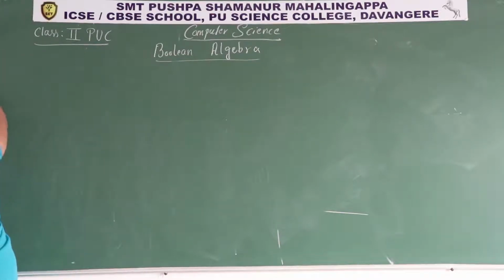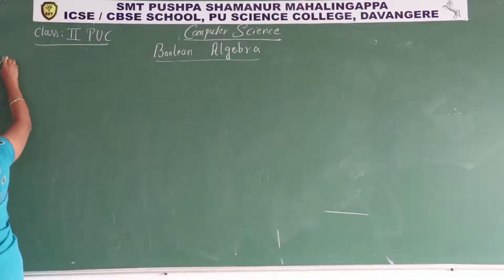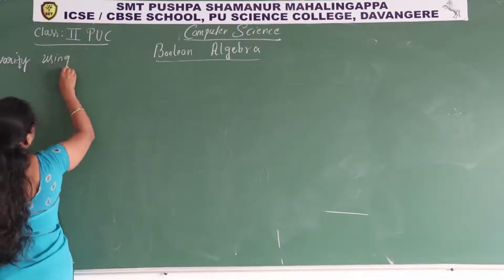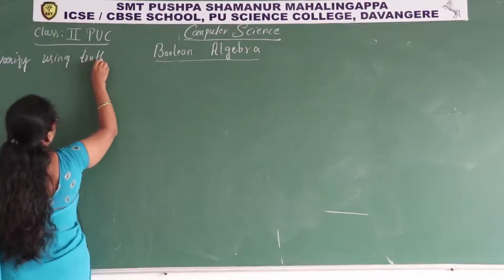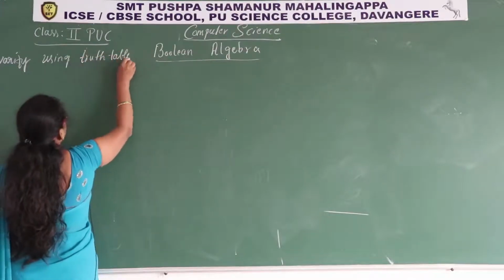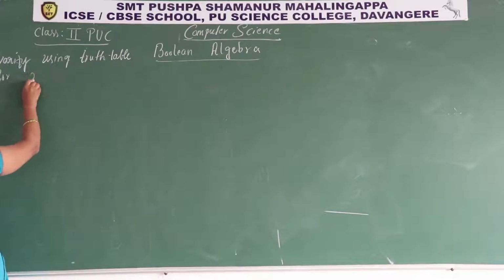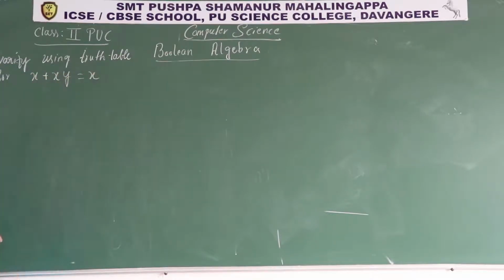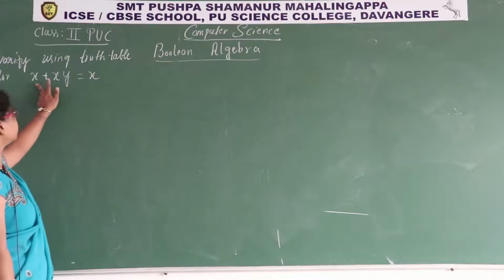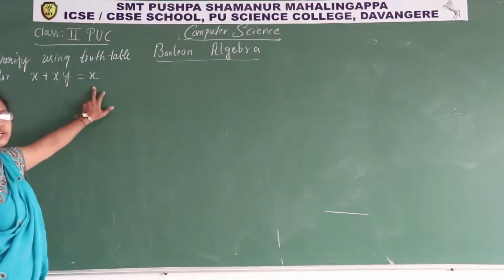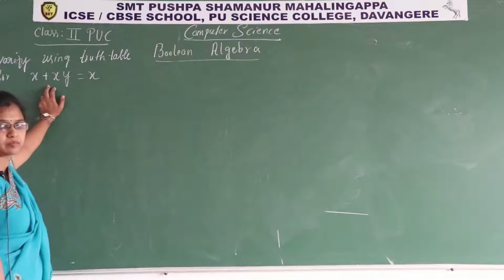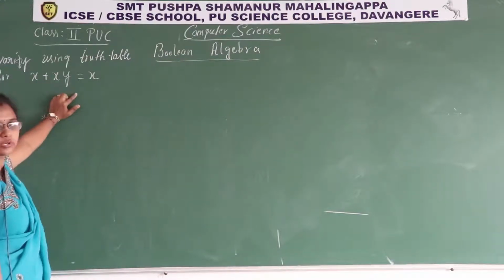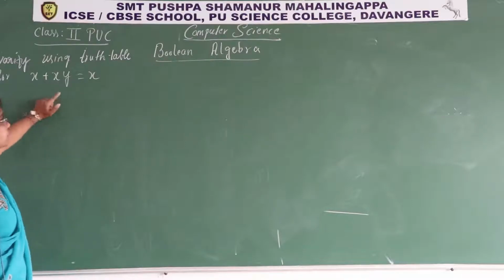Verify, second one, verify using truth table for x plus xy is equal to x. So we have to verify whether this expression is equal to x. We already discussed in Boolean laws and theorems. It is the absorption law, x plus xy is equal to x. Let us verify using truth table.